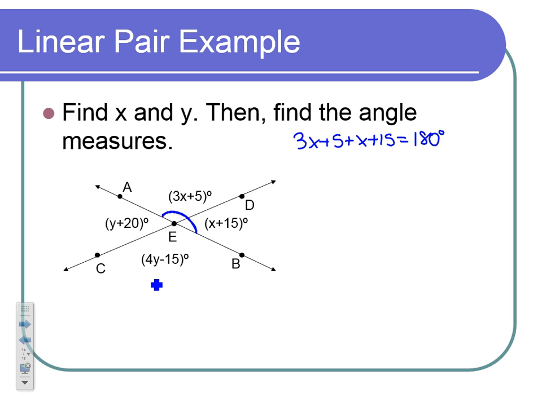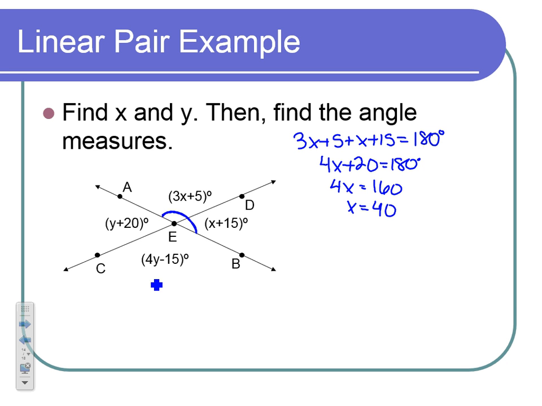So then it's just a matter of solving this. I have 4x plus 20 is equal to 180. If I subtract 20 over, I get 4x is equal to 160. Divide by 4, x is equal to 40. That is not your degree though, you got to plug that back in.